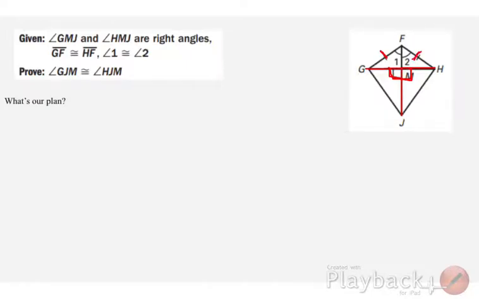And we know that angle 1 and angle 2 are congruent. All right, so what they want us to prove is that angle GJM right here, okay, they want us to prove that that angle is congruent to HJM, which is right here.